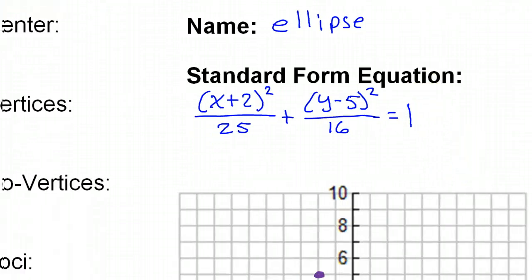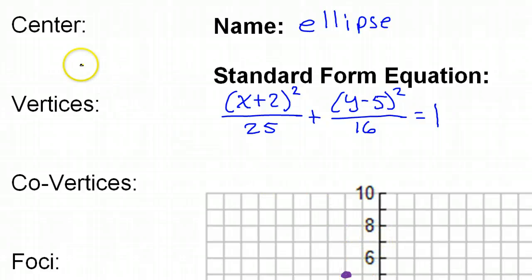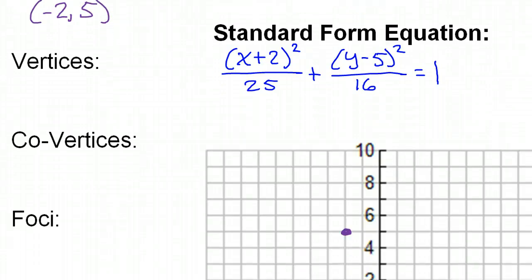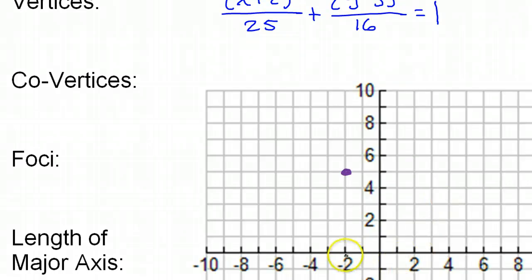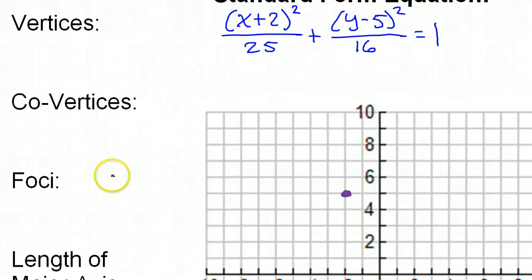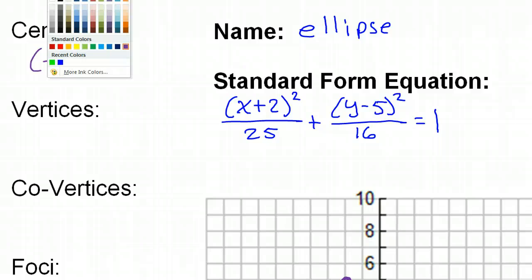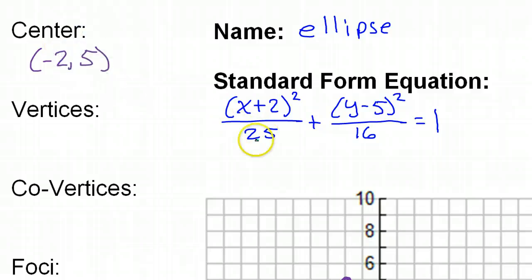Now the center is negative 2, positive 5, the opposite of these. So negative 2, positive 5, that's my center. I already graphed that, so negative 2, 5 is right there. Now the vertices are going to come from the bigger value for ellipses. They're both positive, so it's all about the bigger value.